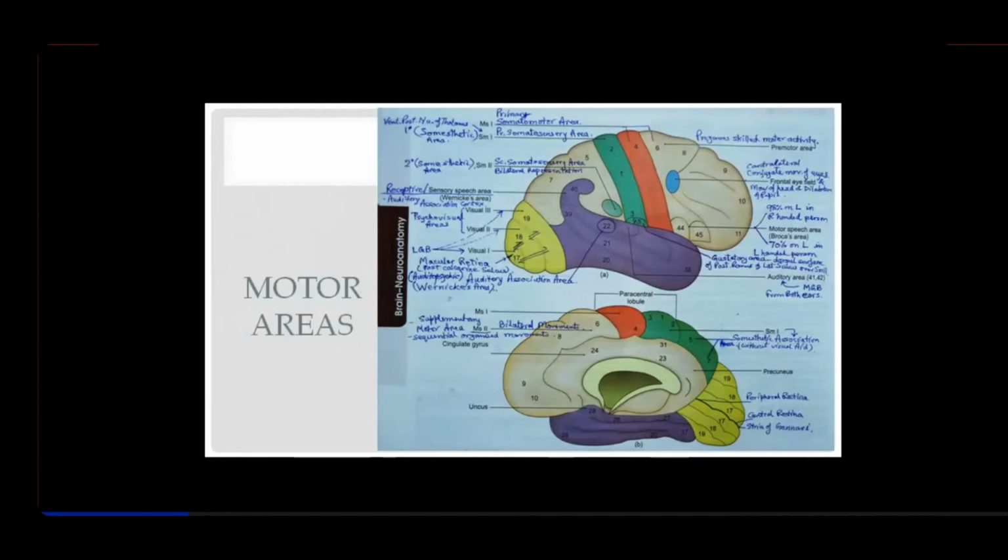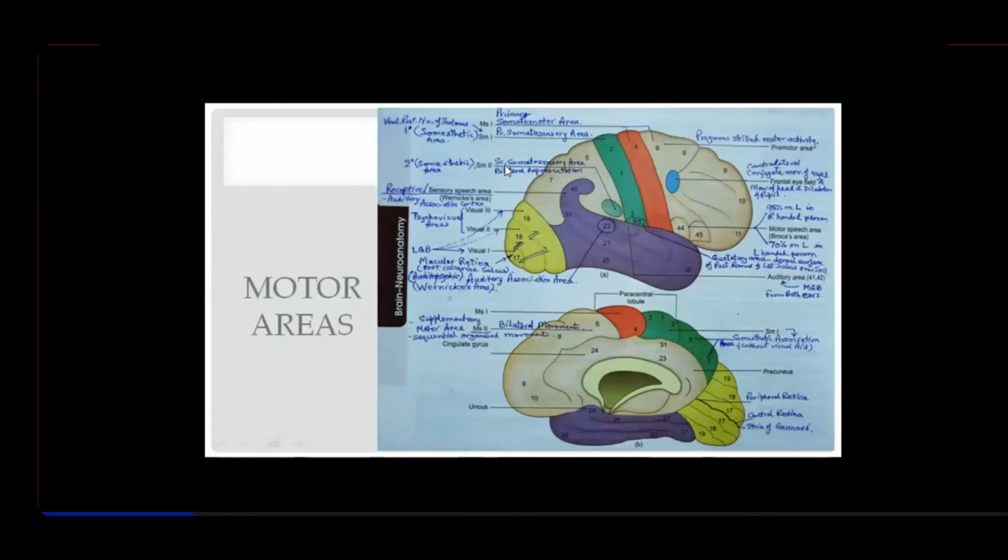There are different areas in the cerebrum which have both sensory and motor activities, because they have both types of cells, but they still predominate in one type of action. If there are more pyramidal cells, it is predominantly a motor area. Such areas are called MS1, MS2, where the capital M denotes more motor activity, being more pyramidal cells.